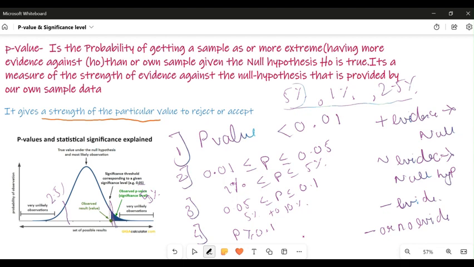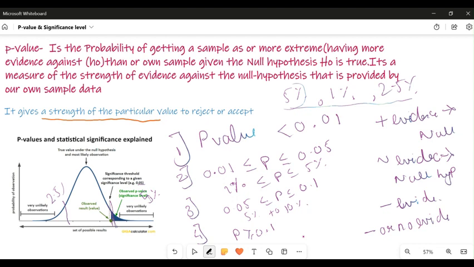I'll just repeat once again. If the p value is less than 0.01, we have strong evidence against the null hypothesis. If the p value lies between 0.01 and 0.05, that is 1 percent to 5 percent, we have moderate evidence against the null hypothesis. In the third condition, 5 percent to 10 percent, we have weak evidence against the null hypothesis.